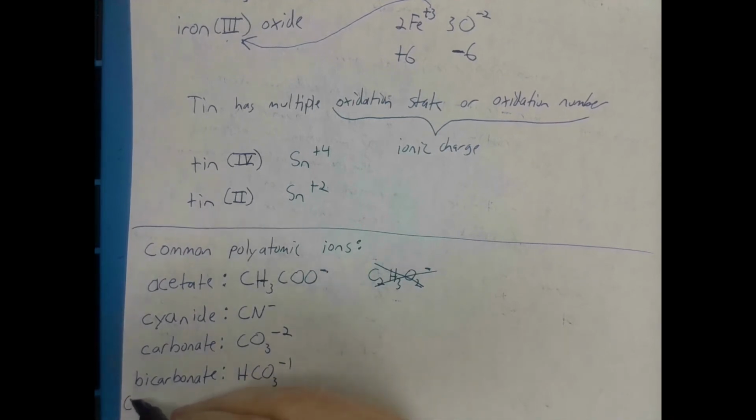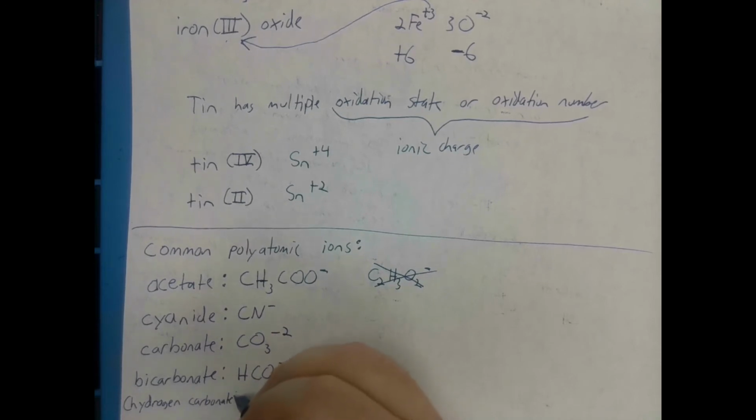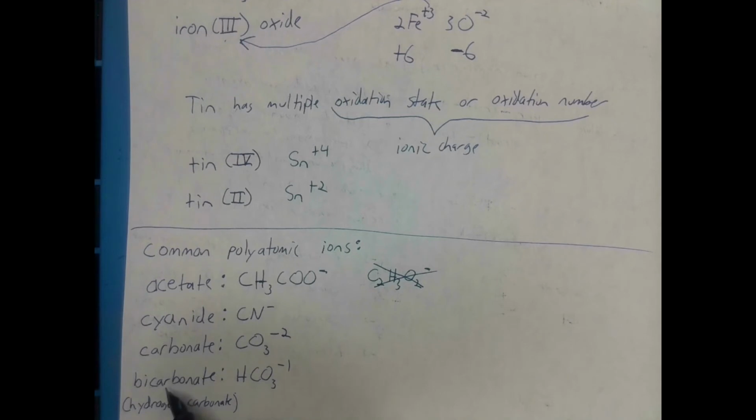This is the preferred name, though you'll never see it used, hydrogen carbonate. But bicarbonate is so used, if you go take baking soda, you'll see the name written on the ingredients list is sodium bicarbonate. The nomenclature does say you should use hydrogen instead of bi, but we never use that.